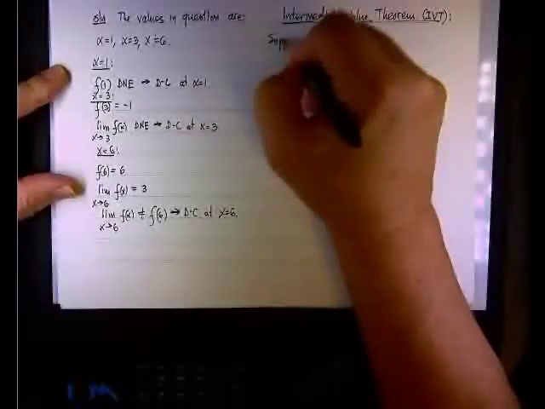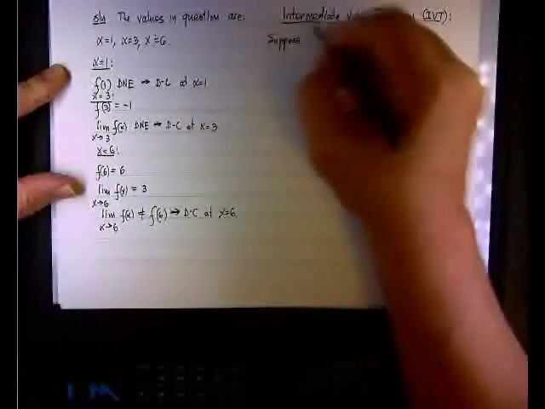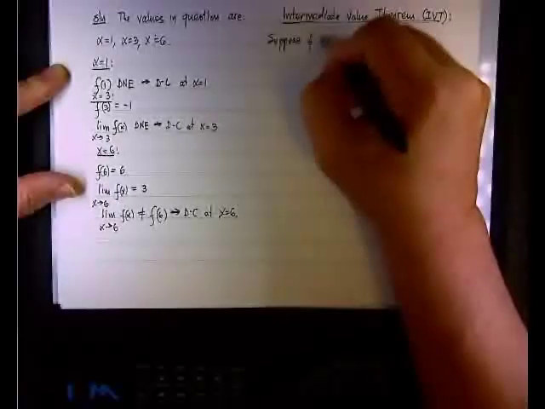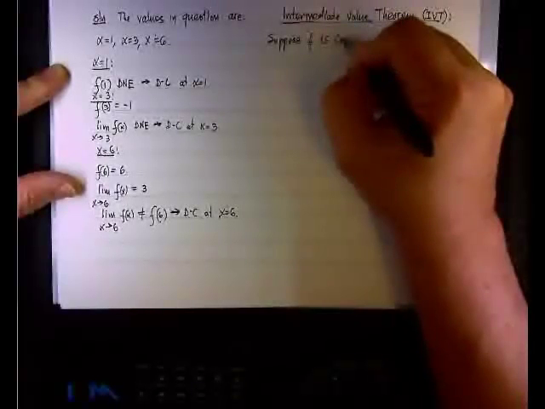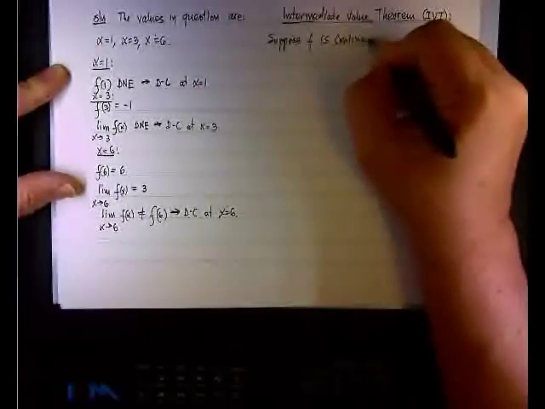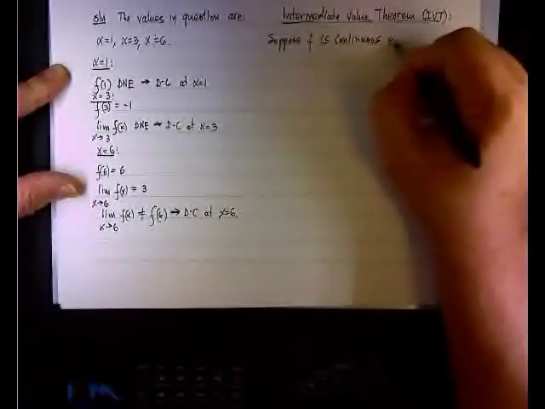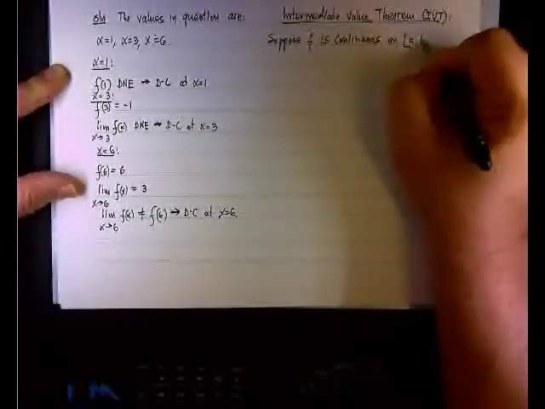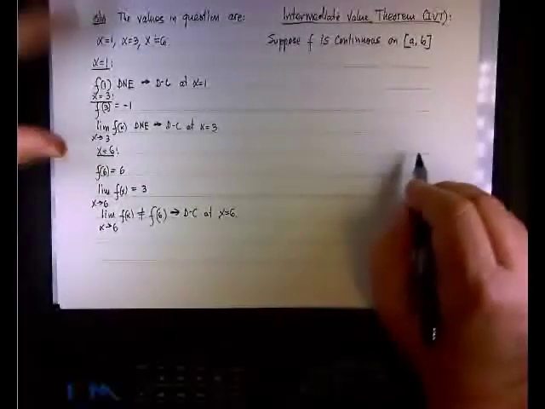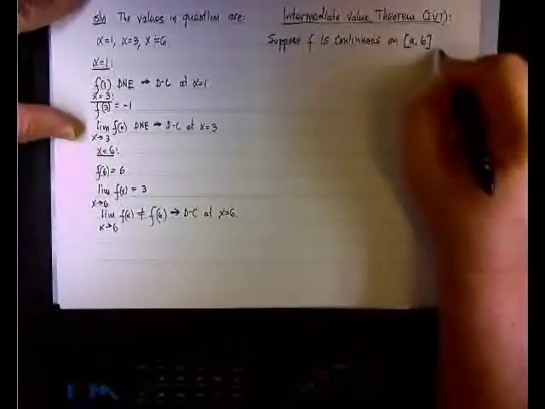Suppose f is continuous on the closed interval, and the interval is from a to b. So a to b are the endpoints of the interval.